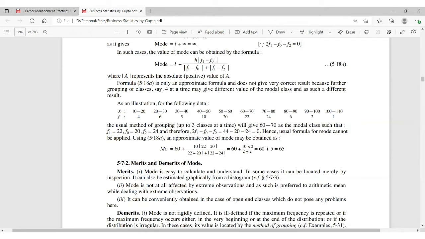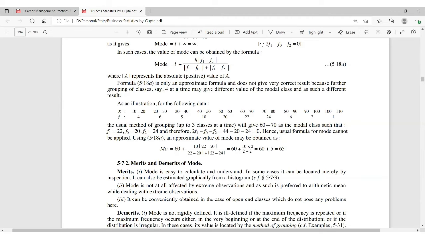lies on these classes: 40 to 50, 10, then 50 to 60, 20, 60 to 70, 22, 70 to 80, 24. Right? So in this case, we have seen the maximum data lies on these.